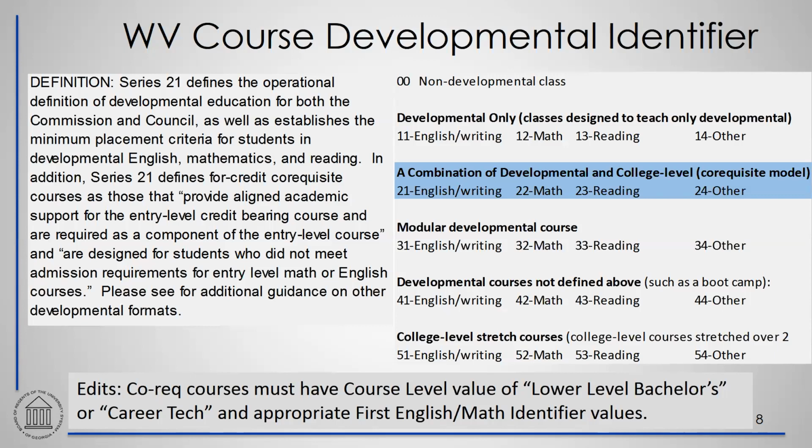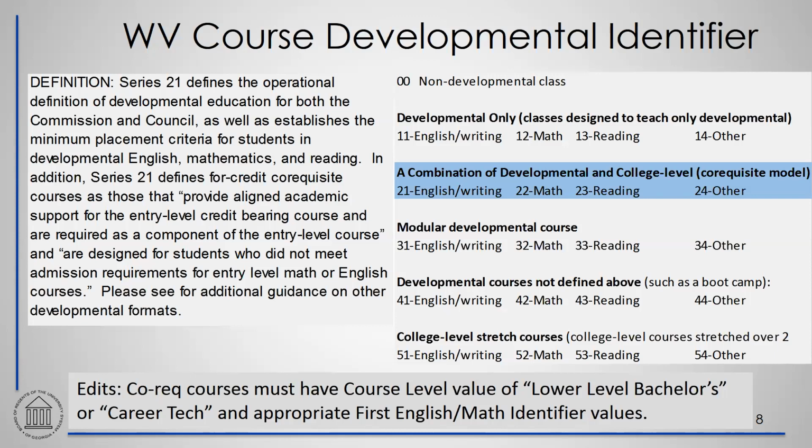As this data comes in, it gets edited against other values that they collect at the system level to make sure that the data is aligning. So co-requisite courses must also have a course level value of lower level bachelor's or career tech. So their course level code has to be a college level value on that field.